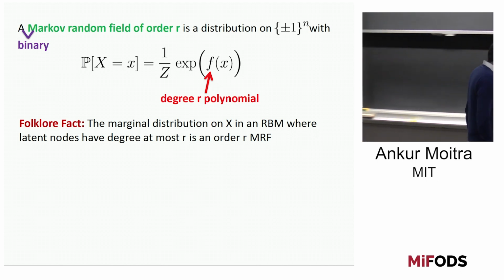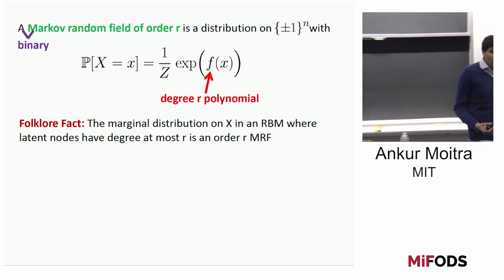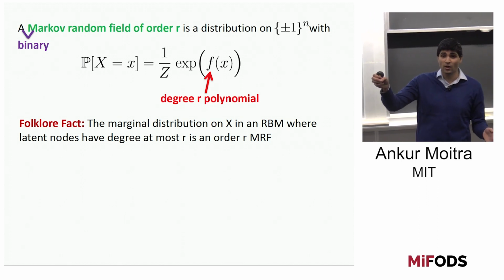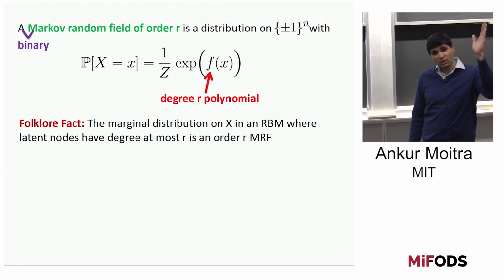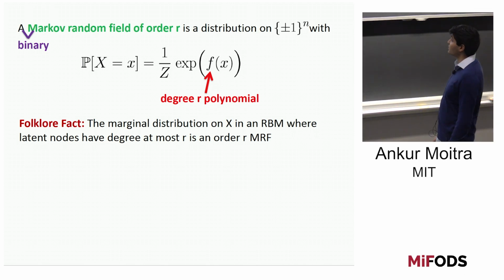And the folklore fact capturing the picture that I gave on the previous slide was that if you take an RBM and each of your hidden nodes has degree at most r, then your distribution on the observed nodes is a Markov random field of order at most r. So you really can produce up to order r dependencies.